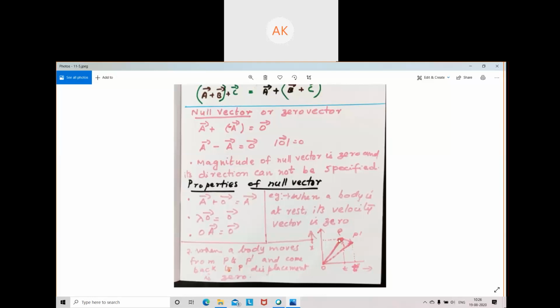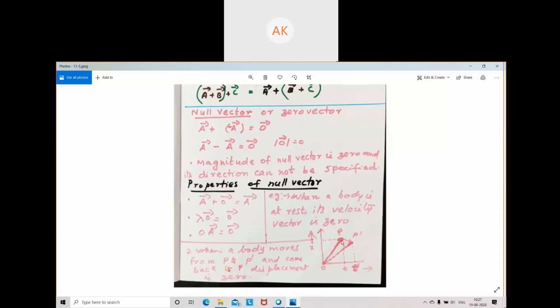What is the displacement vector? Is there any displacement when it reaches the same point? No. Distance is there, and distance we have to add. Suppose this is 2 kilometers and again you go back to the same place. So 2 plus 2, 4 kilometers is the distance.